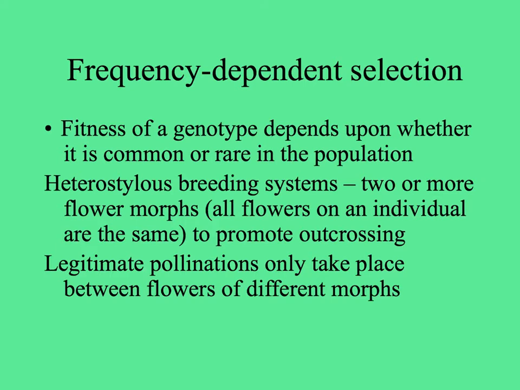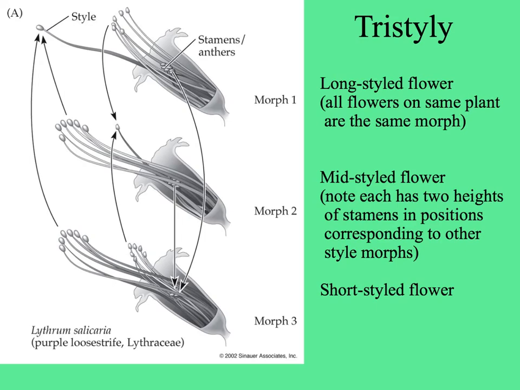It won't put the pollen on the stigma till it goes to a plant of the other morph, and this promotes outcrossing.